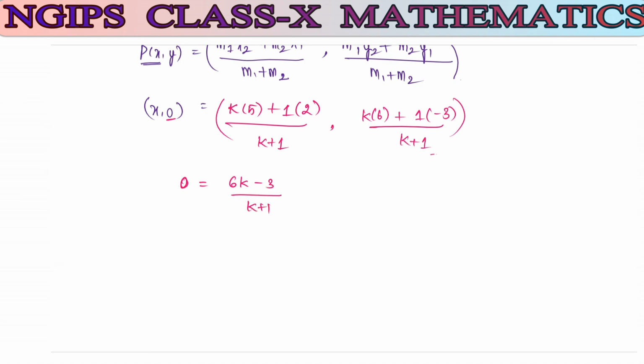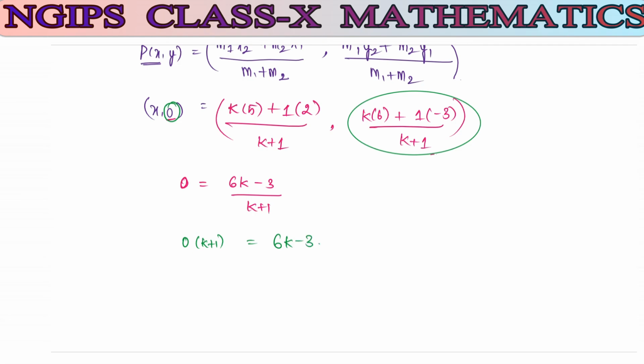I have equated only these values, the ordinate values. When you equate and shift to the opposite side, 0 into k plus 1 is going to be 0, and we are left with 6k minus 3.